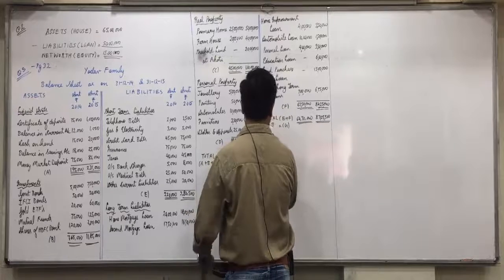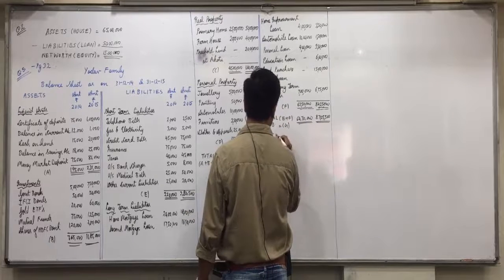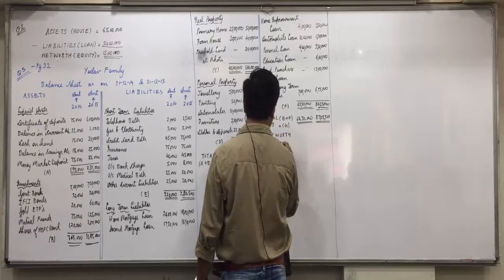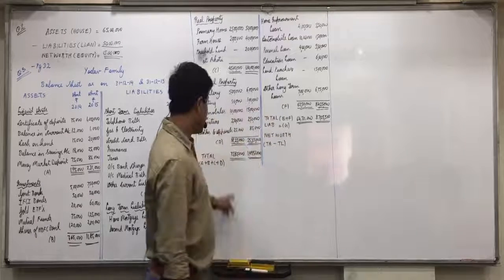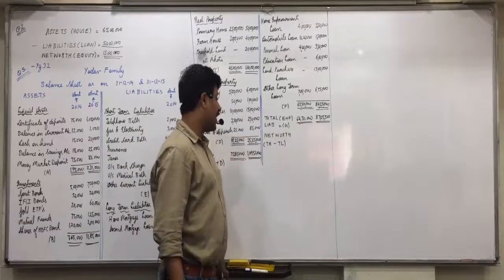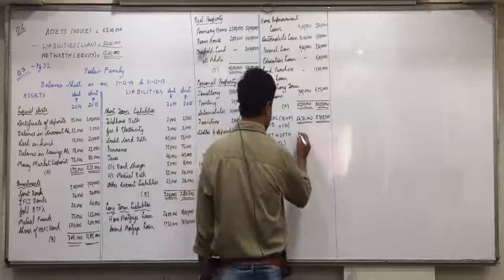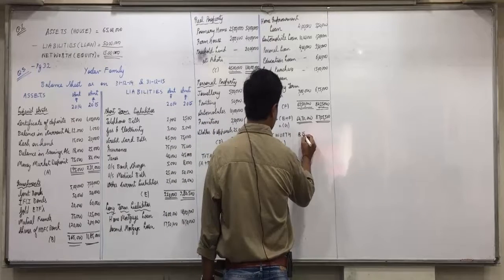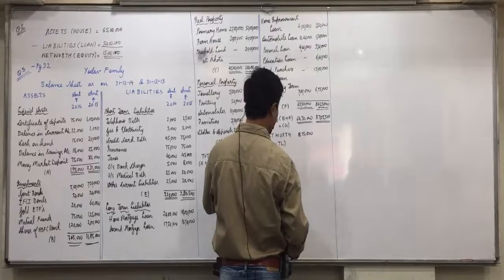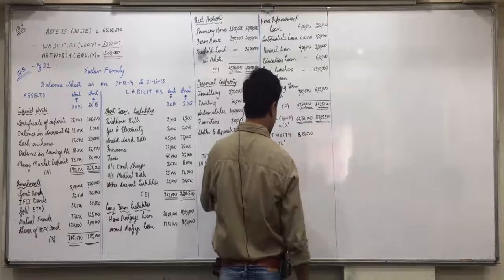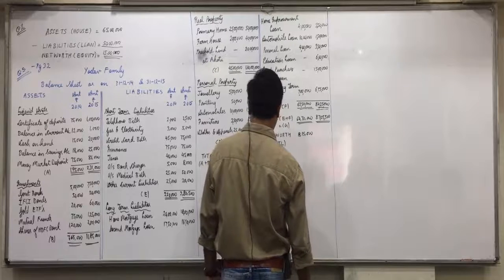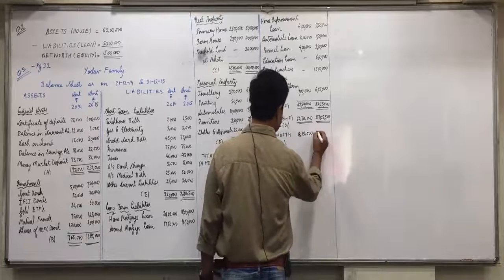Now net worth will be total assets minus total liabilities. So 72 lakh 85,000 minus 64 lakh 70,000 is 8 lakh 15,000, and 1 crore 49 lakh 51,000 minus 87 lakh 5,500 is 62 lakh 45,500.